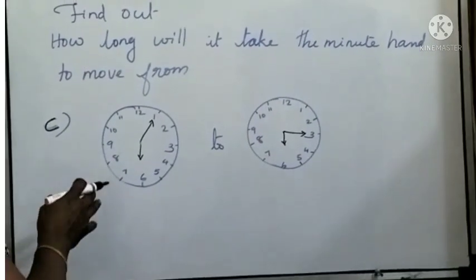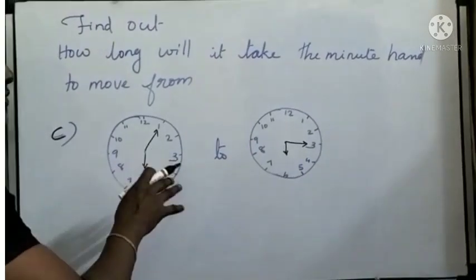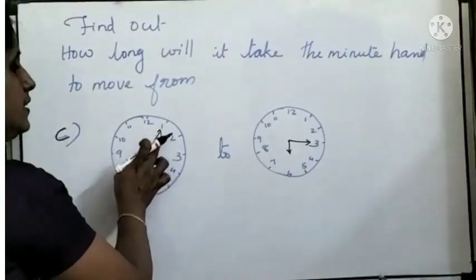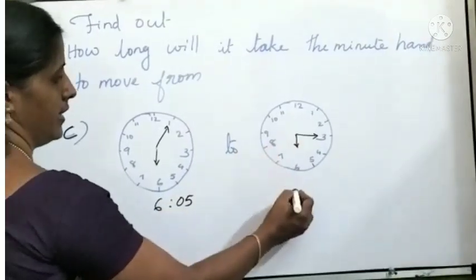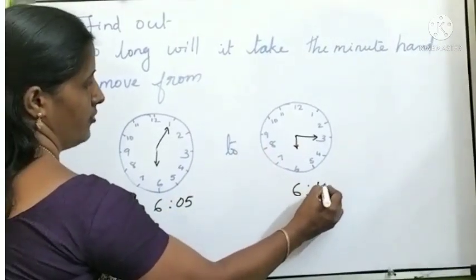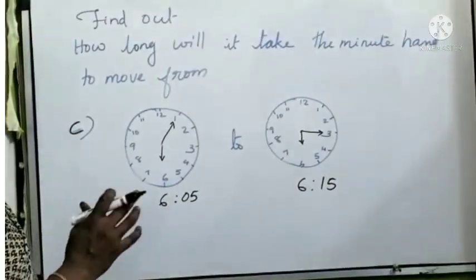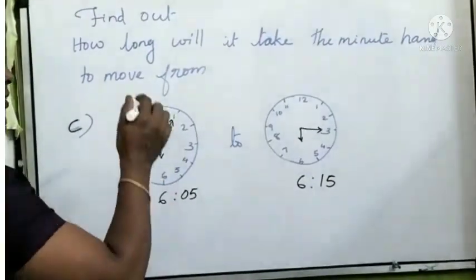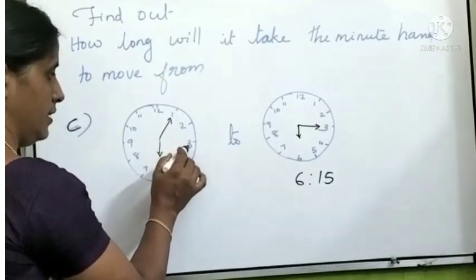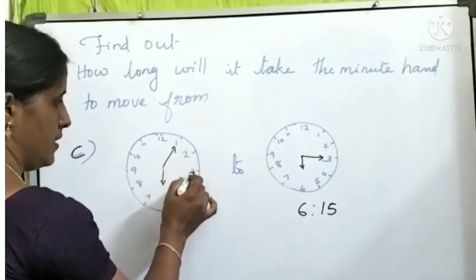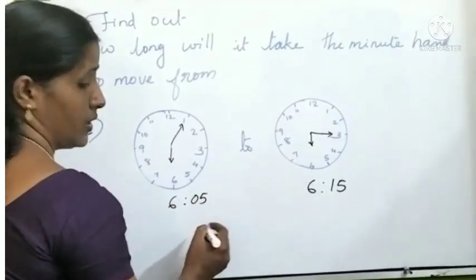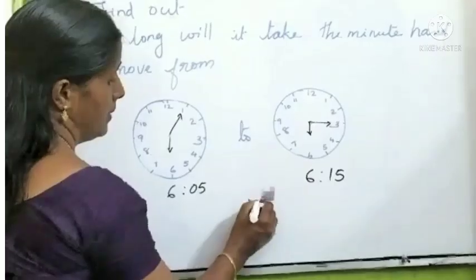Next, we also need to find the difference between the minutes. Here the time is 6:05 and here the time is 6:15. So how many minutes is the difference? Here, 5 minutes after coming to 15. So 5 plus 5, a total of 10 minutes.